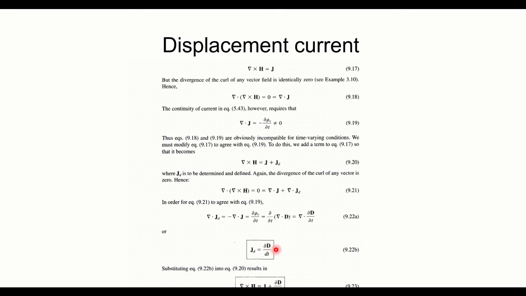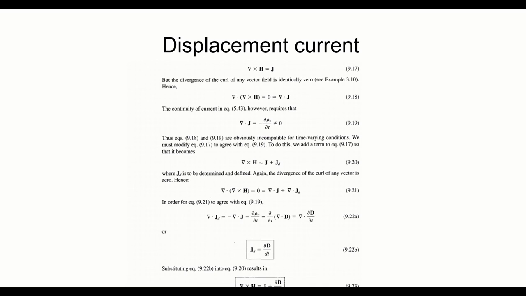Now when we substitute this JD into the equation, we can write del cross H is equal to J plus dou D by dou T. So the Maxwell fourth equation, which was for the static electromagnetic field, we have modified here for the time varying field. So del cross H is equal to J plus dou D by dou T, and this JD is known as the displacement current density.